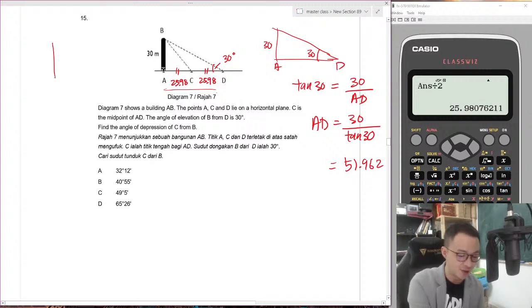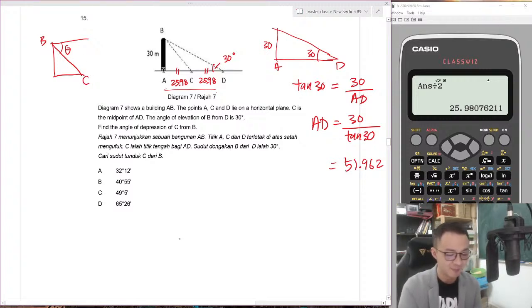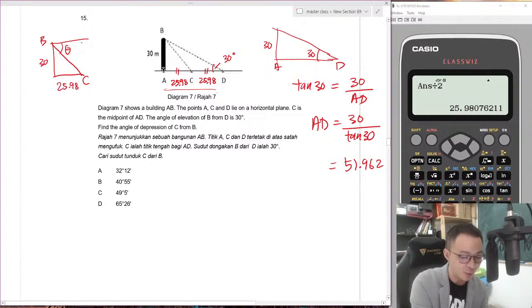Alright, then I have a small triangle because I want to find the angle of depression of C from B, which is exactly the angle I showed you. This is 30, and then this is 25.98. And then we know because these two lines are parallel, right? Then I can use theta here.